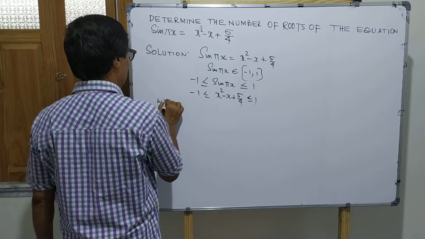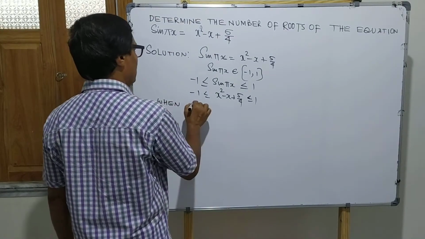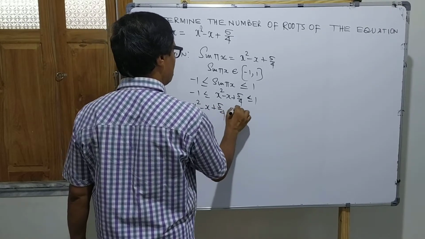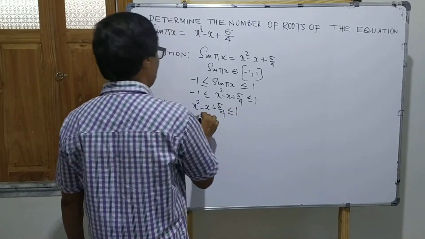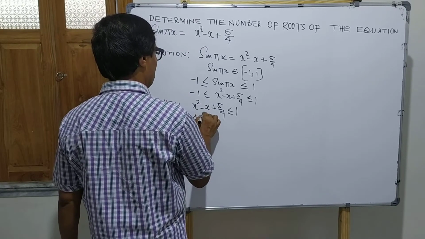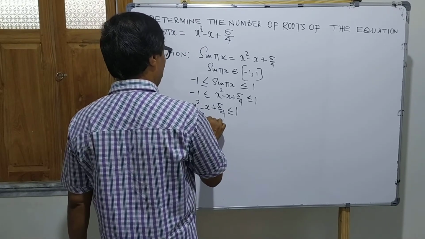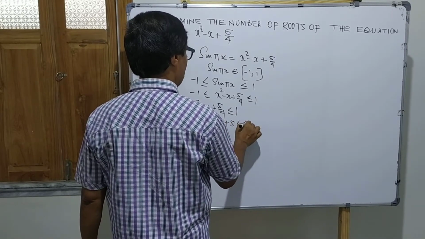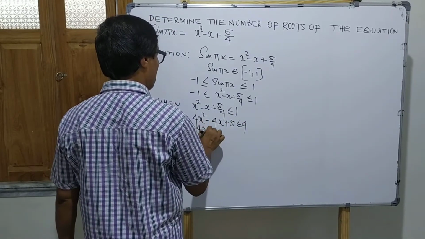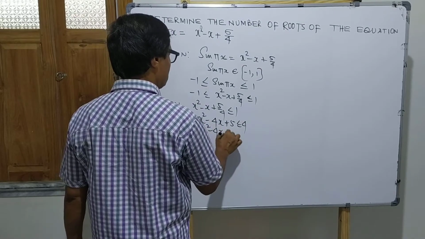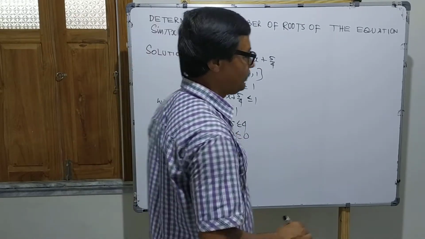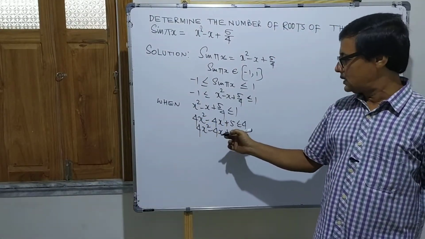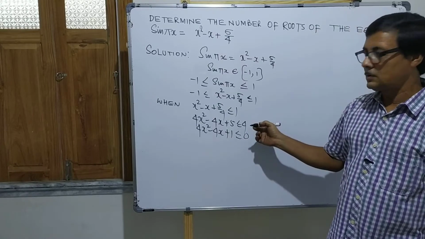When x square minus x plus 5 over 4 is less than or equal to 1, we get 4x square minus 4x plus 5 less than or equal to 4. That is 4x square minus 4x plus 1 less than or equal to 0. We have got this inequality.